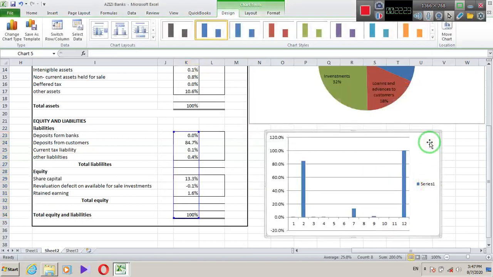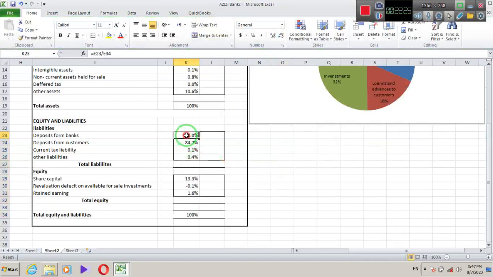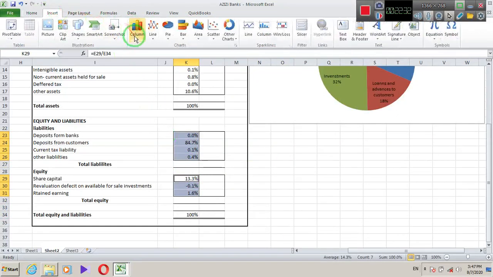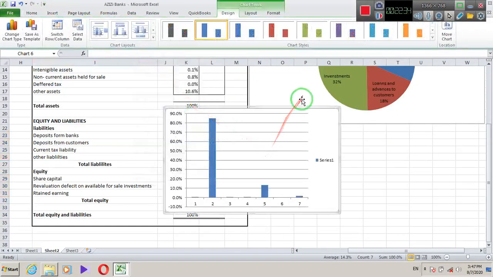Not this way. Let me first select up to this, only these, insert column like this.